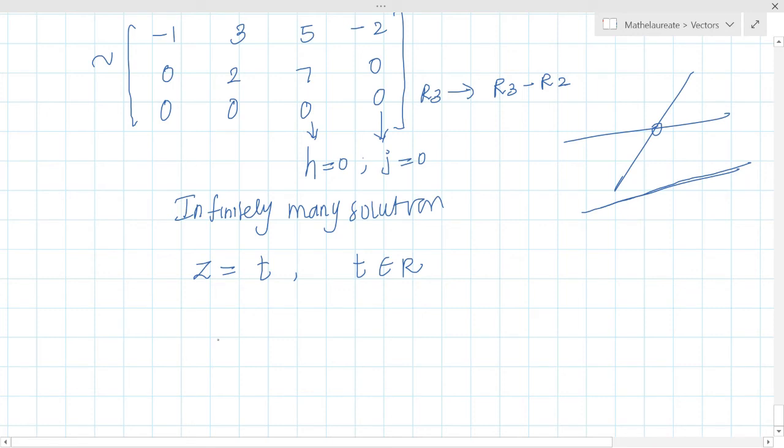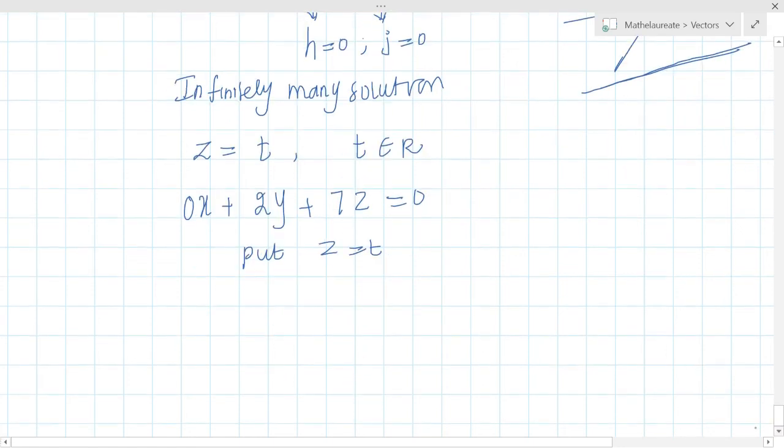Going back to the second row, we have 0x plus 2y plus 7z equal to 0. In this, you plug in the z value, which is t, we get 2y plus 7 times t equal to 0.